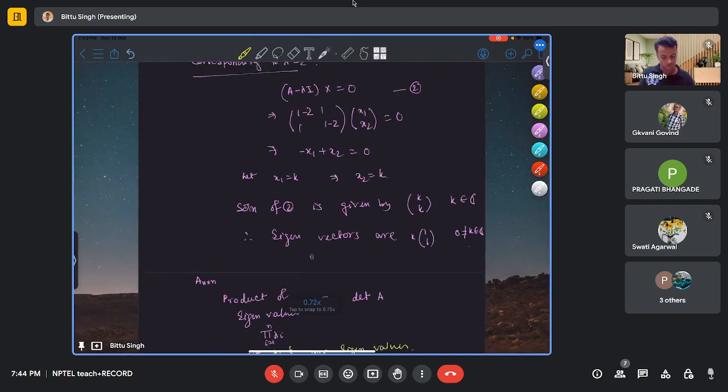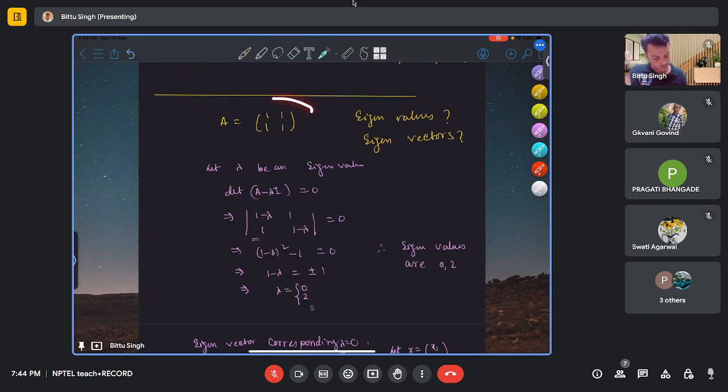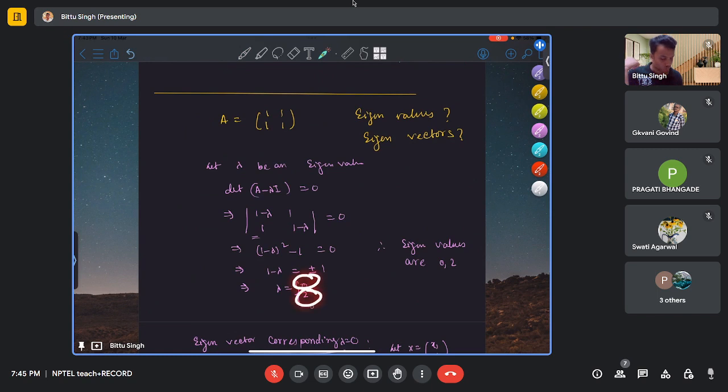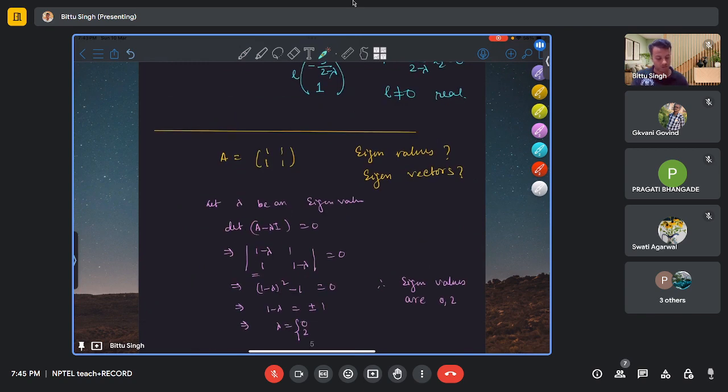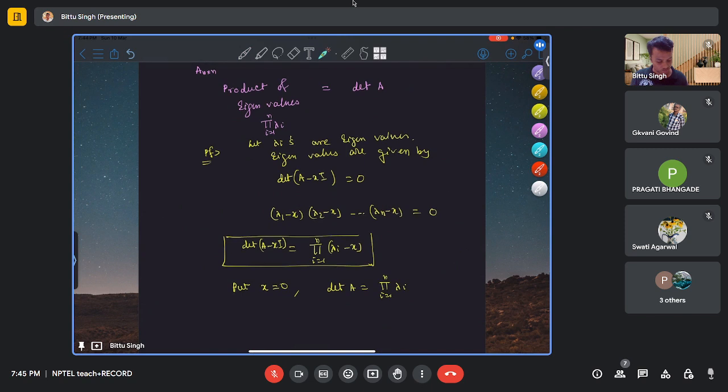For example, you have seen that for this question, the determinant is 1 minus 1, that is 0. Now check the product of the eigenvalues, 0 and 2, which is also 0. So from here you can verify this property.